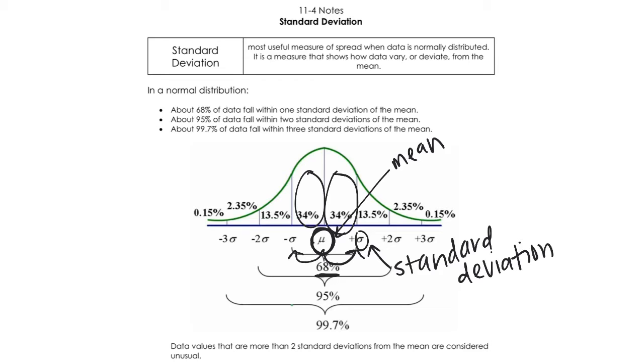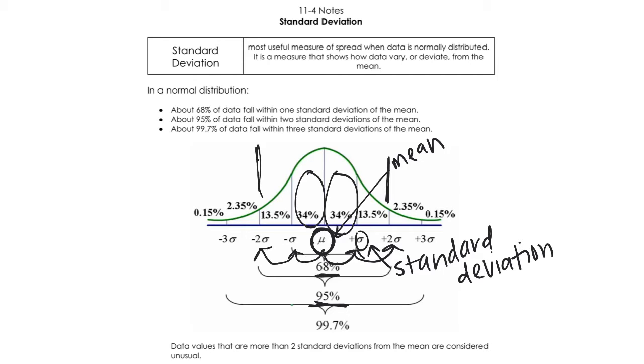So then again, if you add twice to the right, so 1, 2 to the right, that is another 13.5% of your data. And if you add another one to the left, that's another 13.5% of your data. So within these 4 sections, that's where 95% of your data is held.